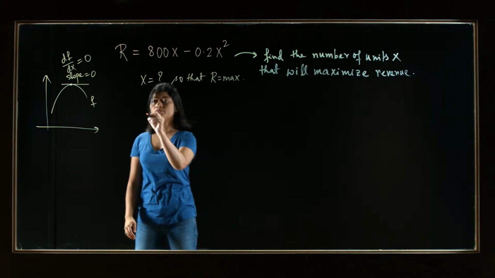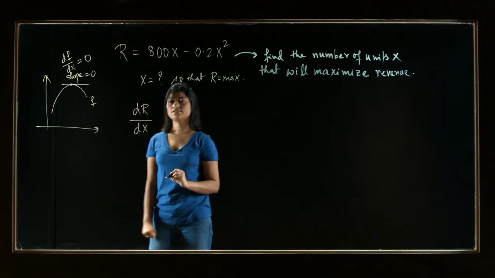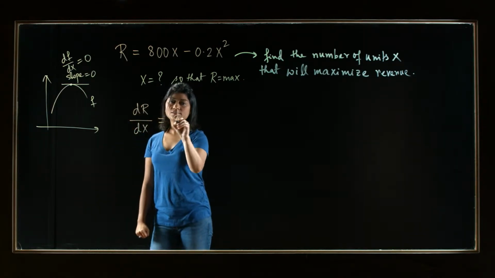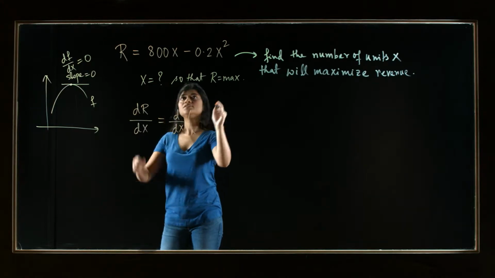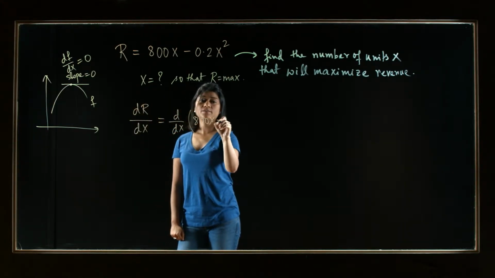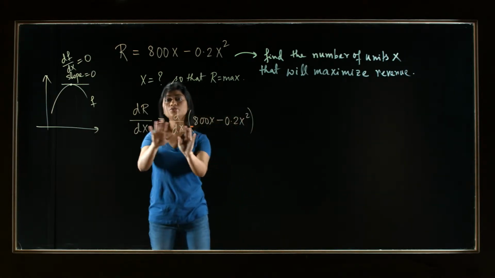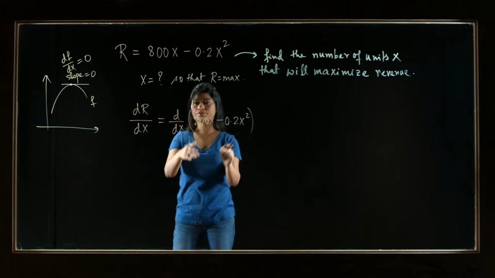So the first thing we have to do is compute the derivative dR/dx. So this is d/dx of this expression for R, which is 800x minus 0.2x squared. Now using the rules of derivatives we can apply here.